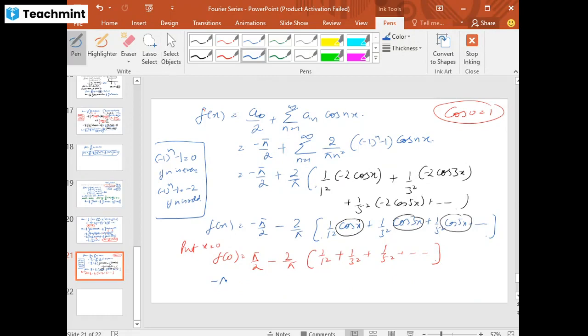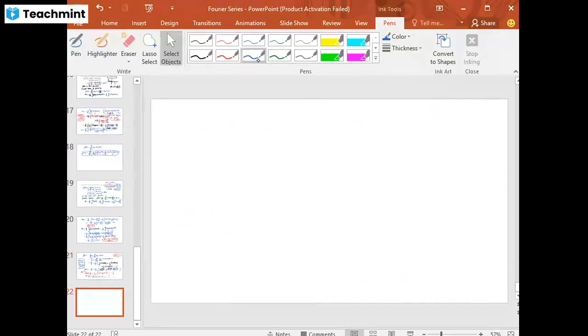So minus pi, if I take pi by 2 to this side, this is minus pi by 2. Its value is minus 2 upon pi times 1 upon 1 square, 1 upon 3 square, 1 upon 5 square, and so on.